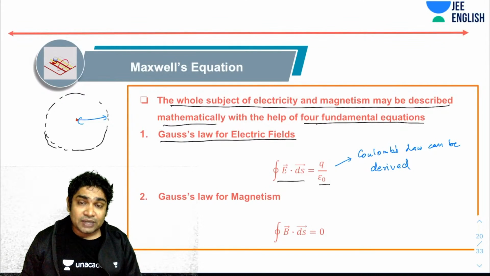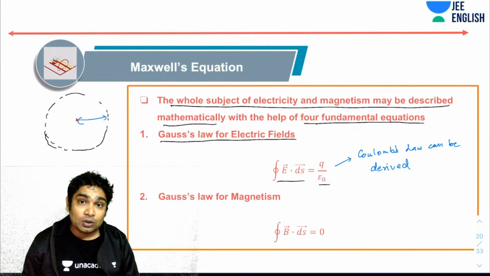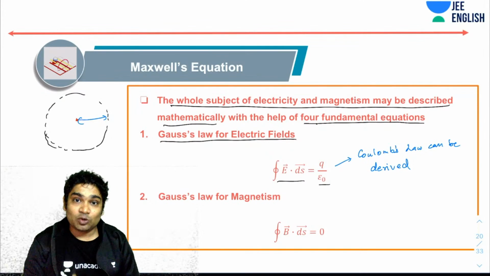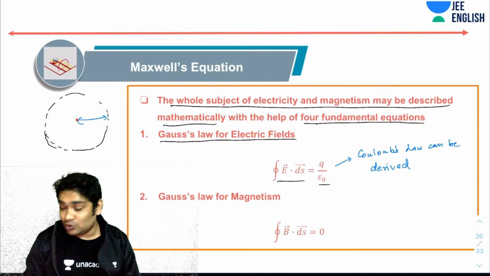This is telling you something about the electric field which never gets violated, while Coulomb's law was limited only to electric fields produced by stationary charges. You remember that Coulomb's law was only valid for static charges. For moving charges, you cannot apply Coulomb's law.